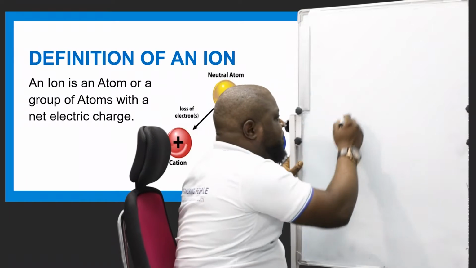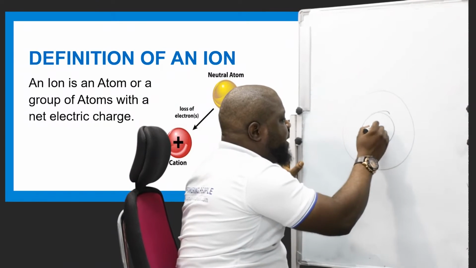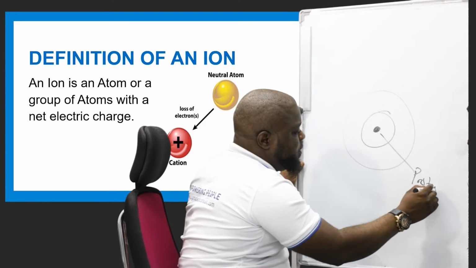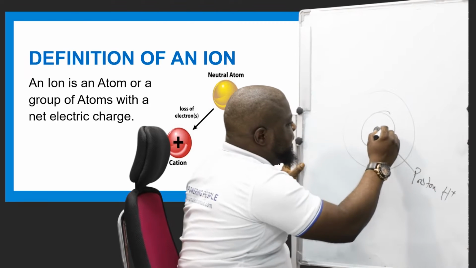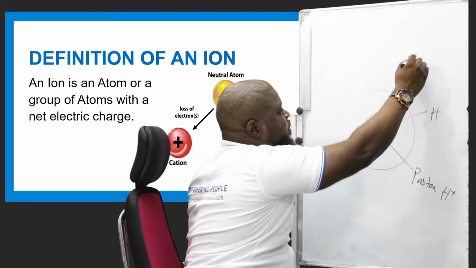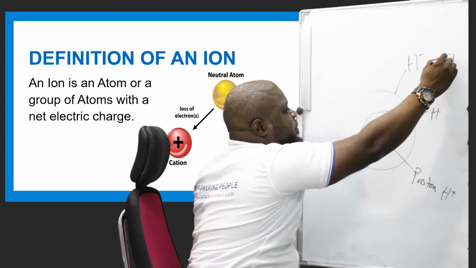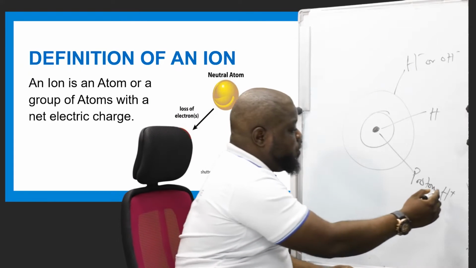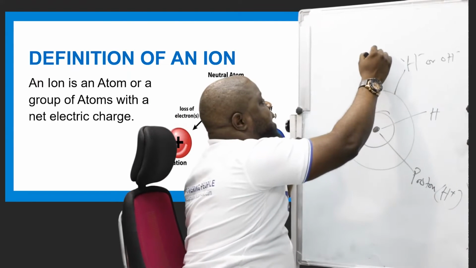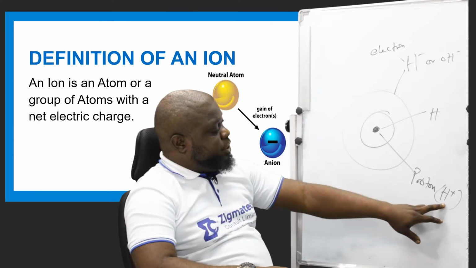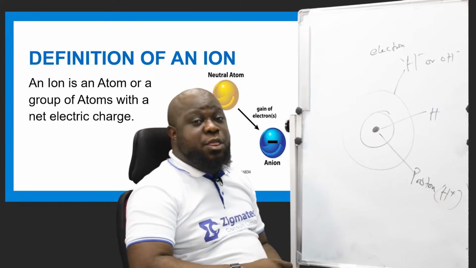Now, this is an atom. Let's take for example this is an atom. Now, this is the proton. This is the neutron, and this is the electron. I told you that in the proton, this H superscript plus is hydrogen ion.